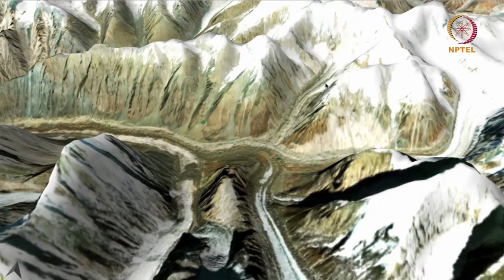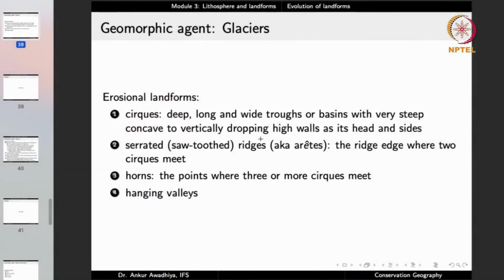Now what do you make out of this valley? This valley has concave or steeply dropping sides as well as a head that is also steeply dropping. So this is a cirque. Deep, long and wide troughs or basins with very steep concave to vertically dropping high walls as its head and sides.